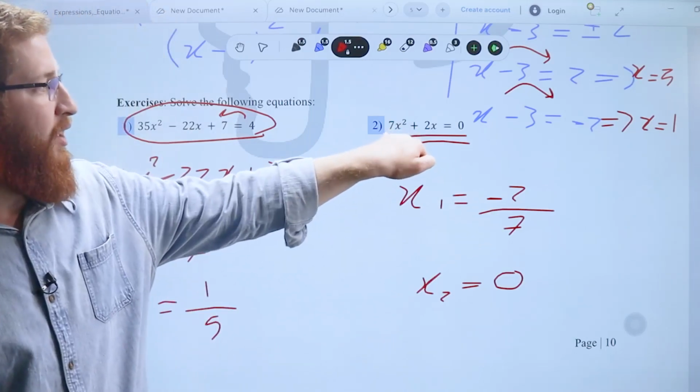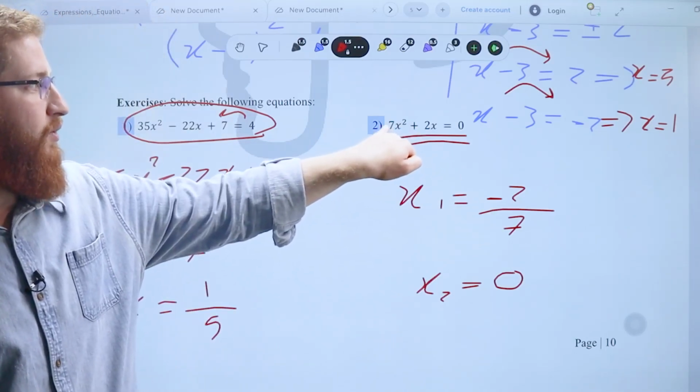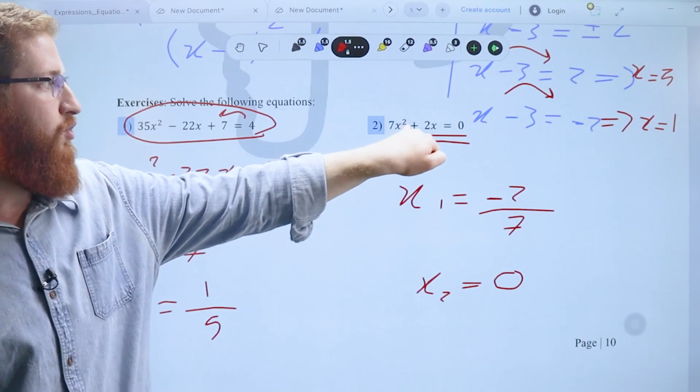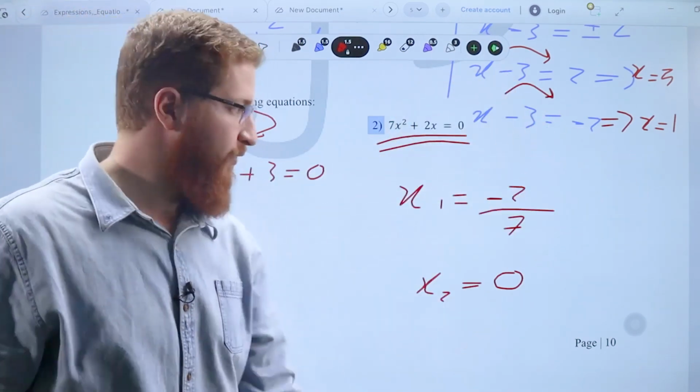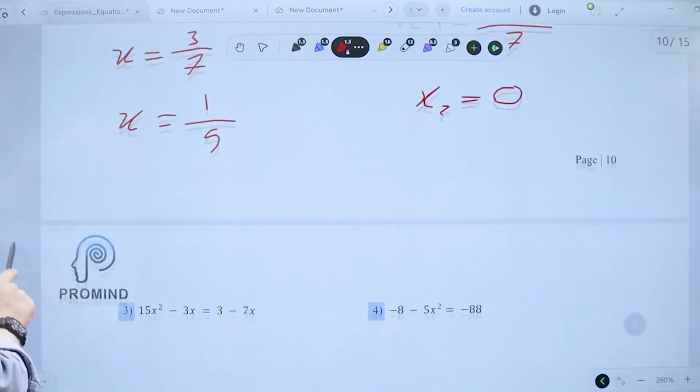If you substitute x with 0, it will become 7 times 0, which is 0, plus 2 times 0, which is 0, equals 0. Yes, it's correct as it should be.